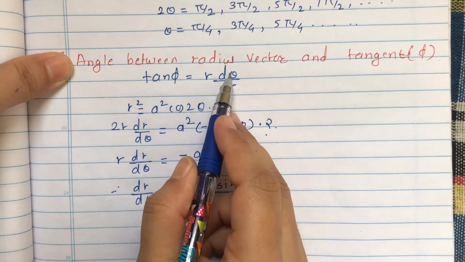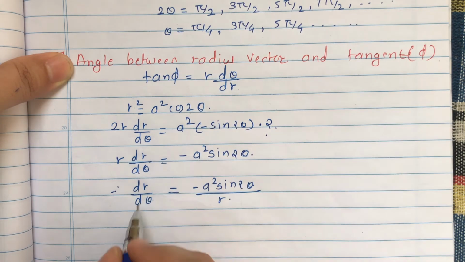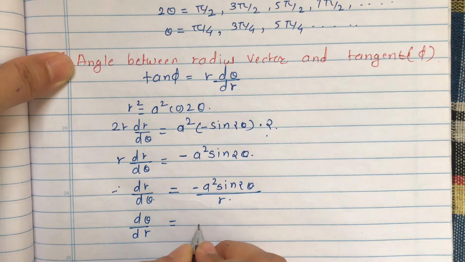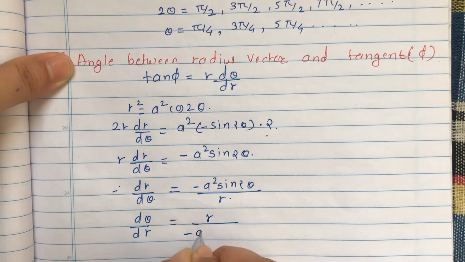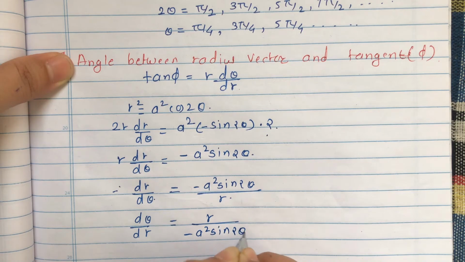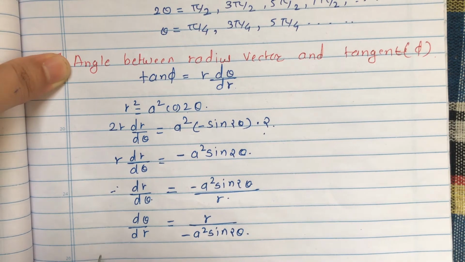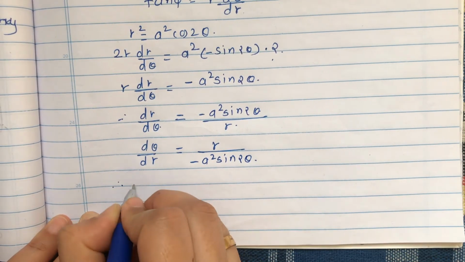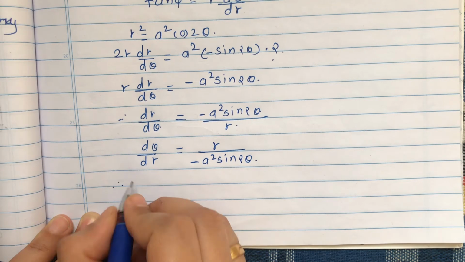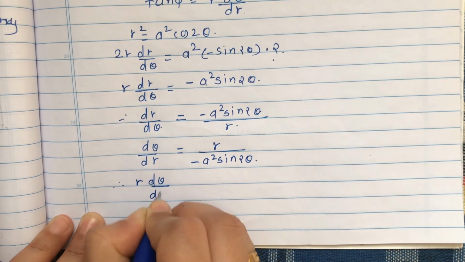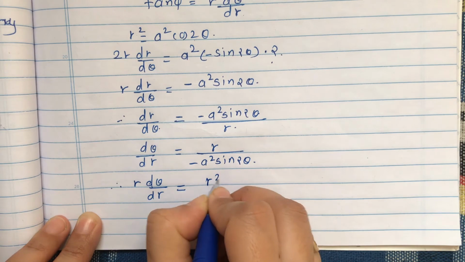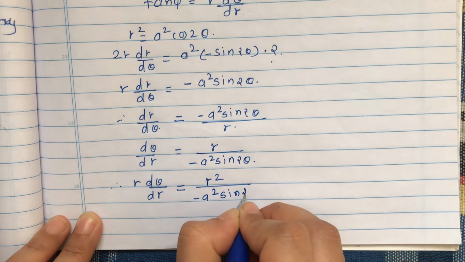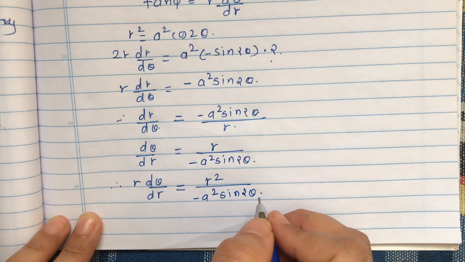Now in this formula we will require d theta by dr. So we'll take reciprocal. So d theta by dr is equal to r divided by minus a square sin 2 theta. Therefore we'll get, now multiply by r, r into d theta by dr is equal to r square divided by minus a square sin 2 theta.